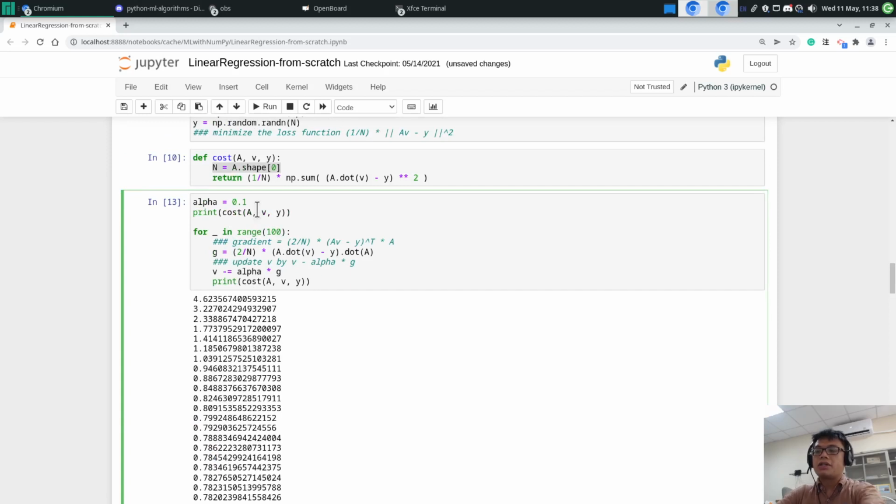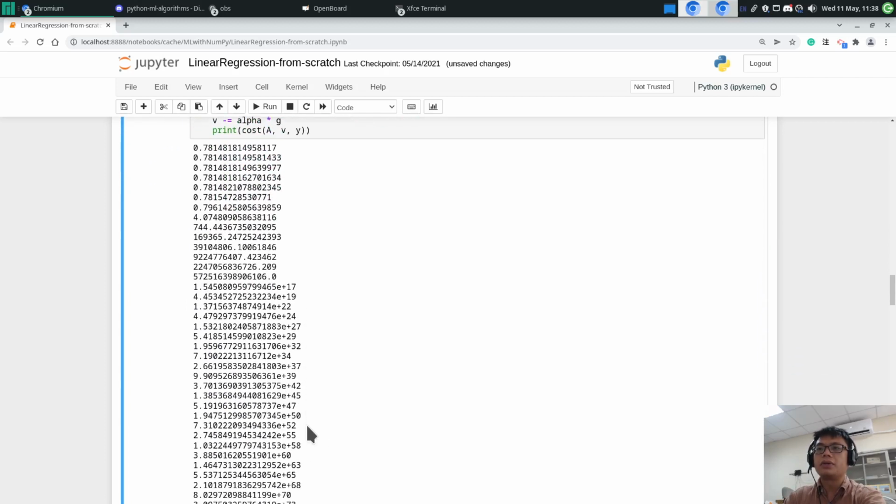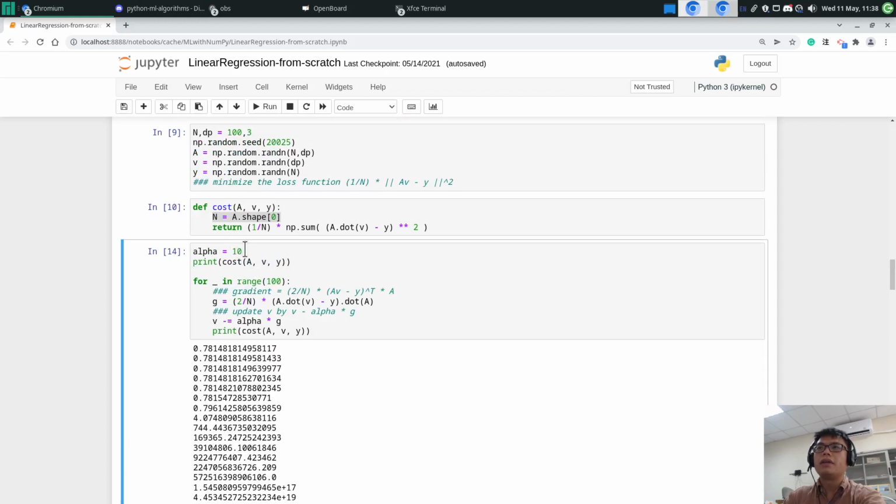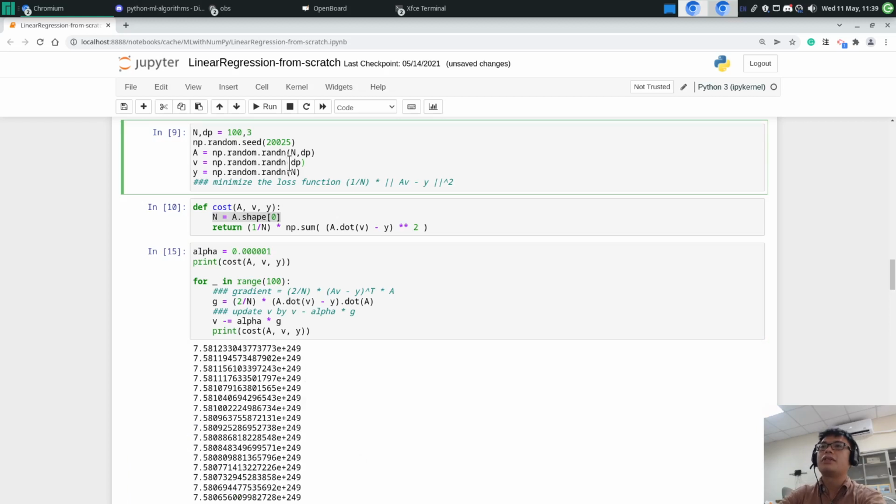So as I mentioned, if you tried say 10, then you will see that it is not going to converge. When the learning rate is way too large, then it is going to fail. But if you choose a small learning rate, let's try to run it again.